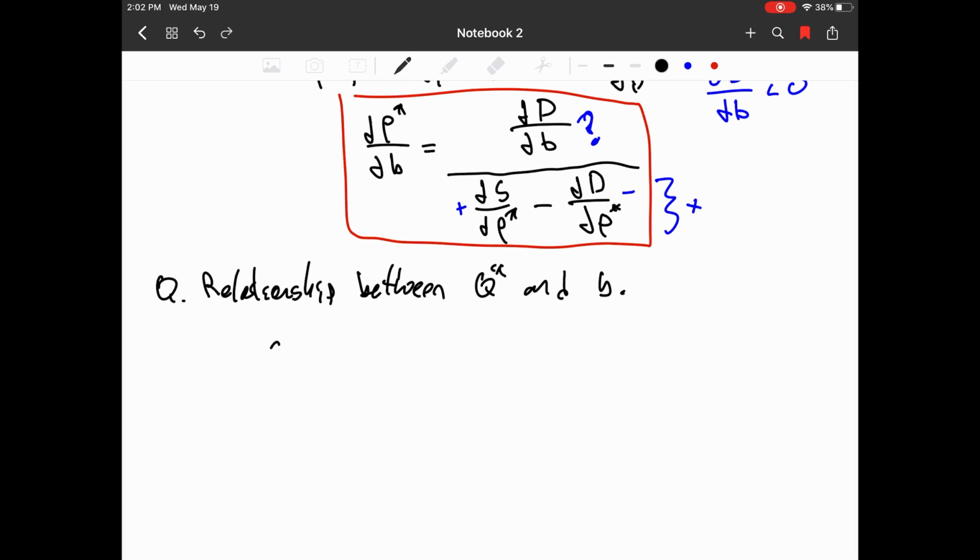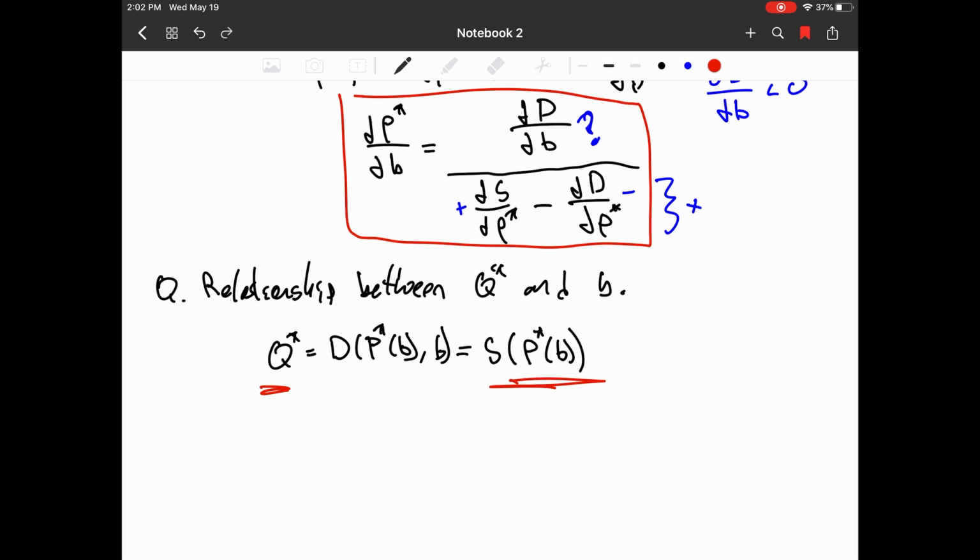We have Q star, which is just coming straight from either the demand curve. So we had P star as a function of B and B. And we had the supply curve, which is a function of price, which is a function of B. So here we're just going to isolate these two. We could look at D, but it's simpler to go directly through supply.